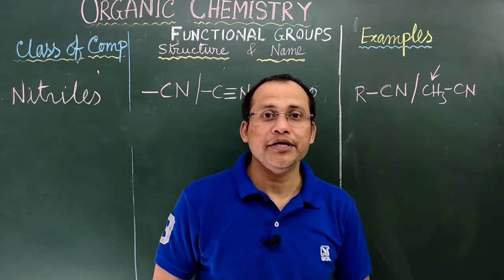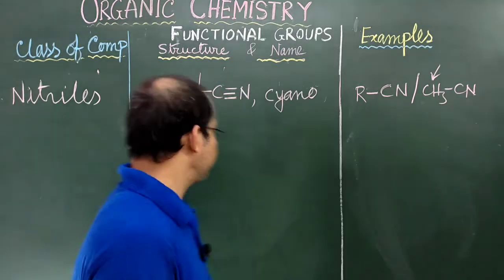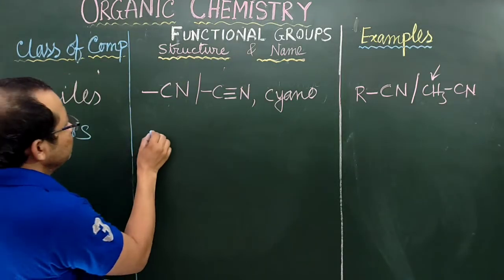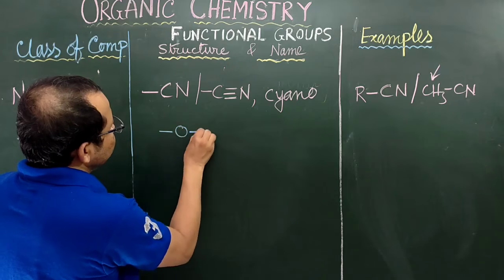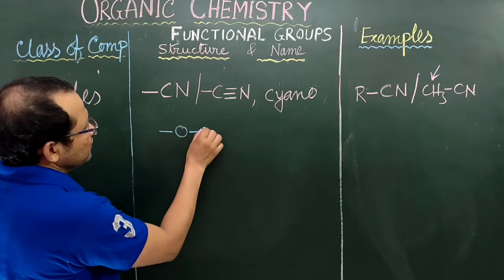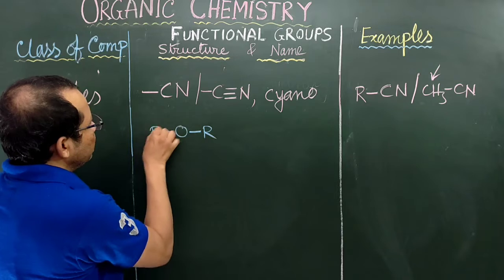Now come to the next category, and this is ethers. Let me write down the name first. Here oxygen will be there, and that oxygen is linked to two R groups.